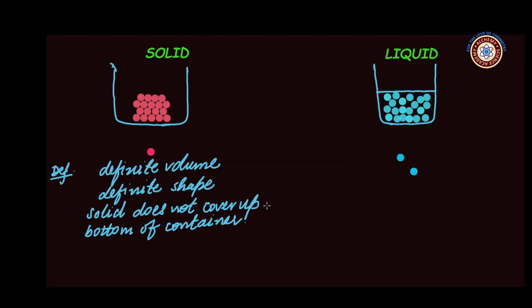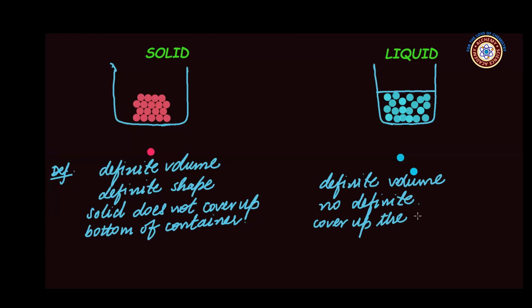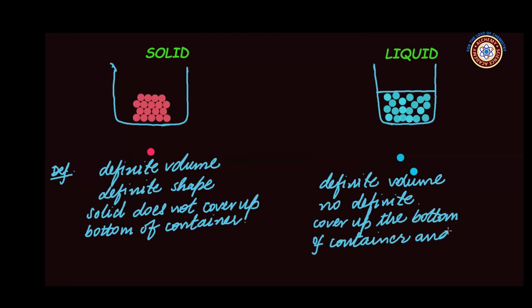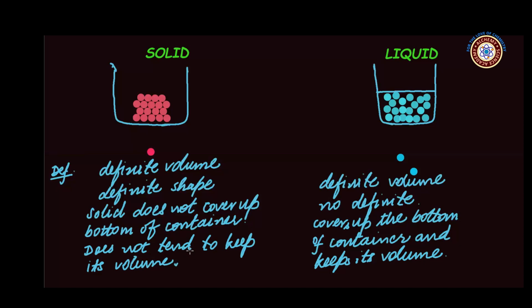Liquid state is the state of matter which has a definite volume but no definite shape. Liquids tend to cover the bottom of the container and keep their volume, whereas solids do not tend to keep their volume.